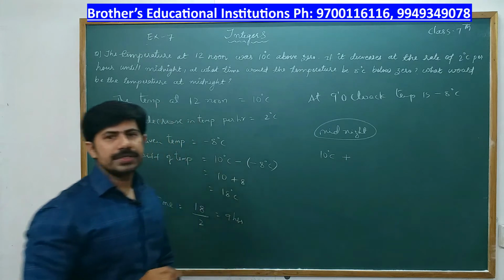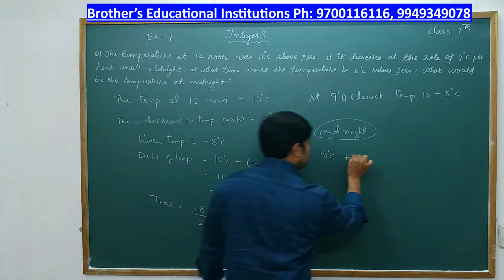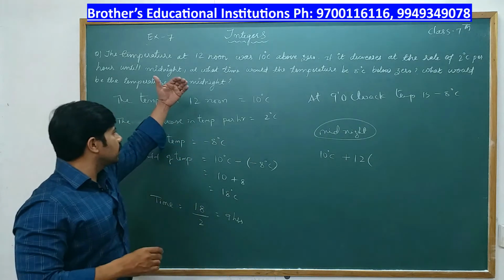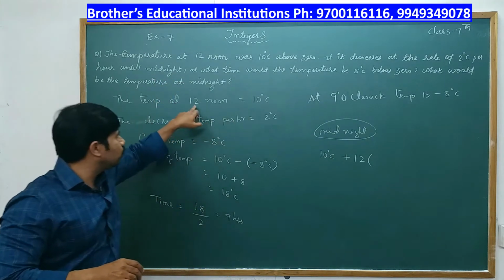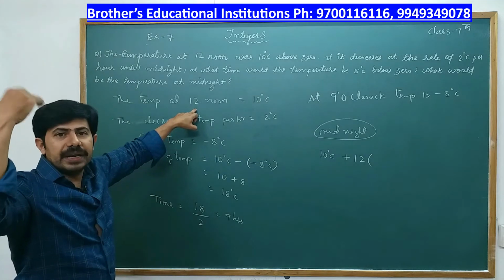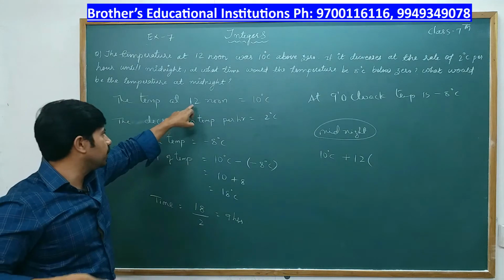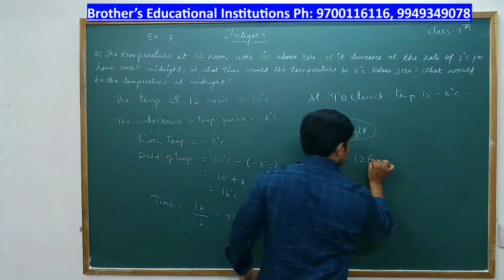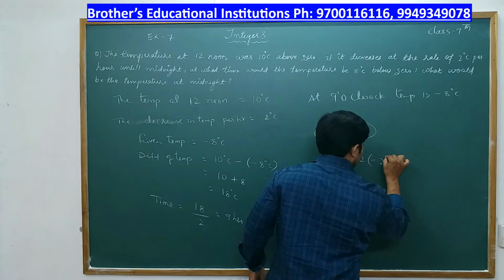Now I'll write 12, because the 10 degrees Celsius temperature is at 12 noon, and we have to find it for midnight. Midnight means again it is 12 hours. So 12 into the temperature decreases at a rate of 2 degrees Celsius.